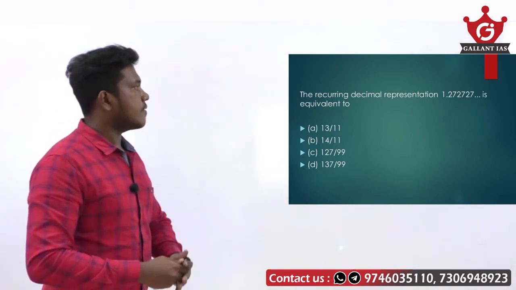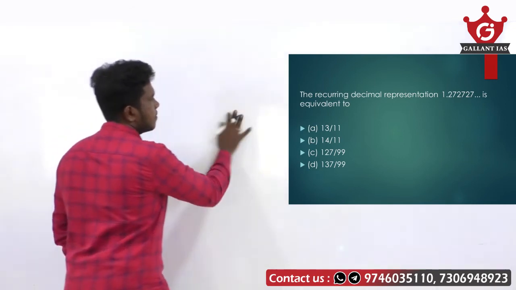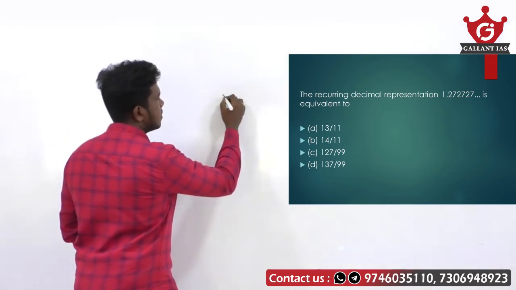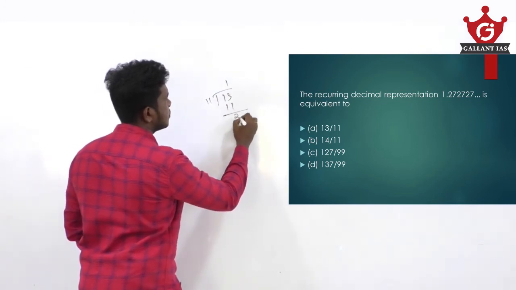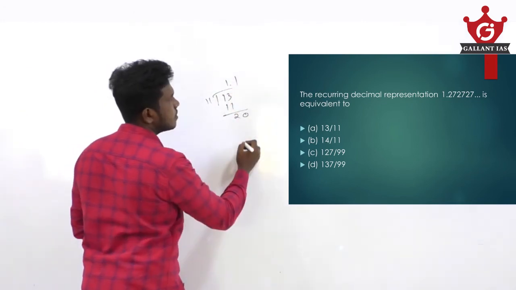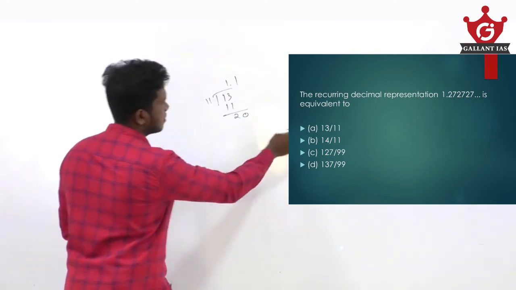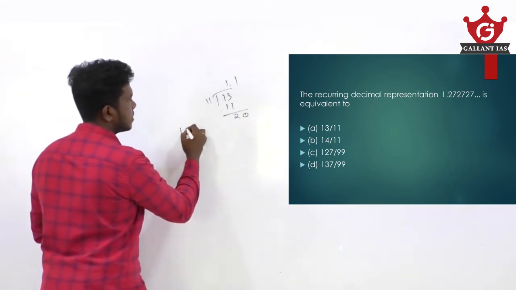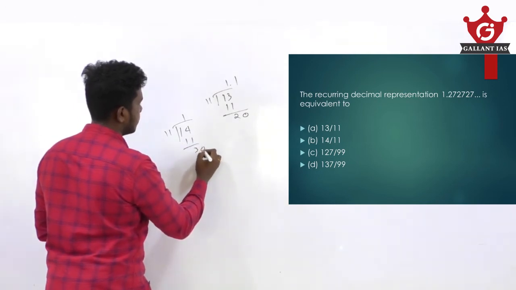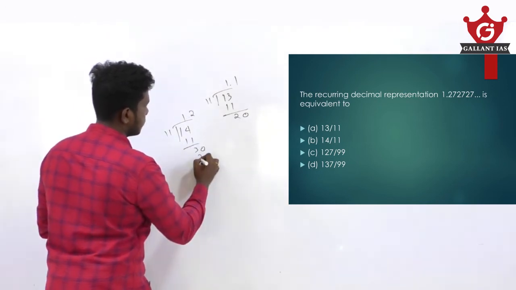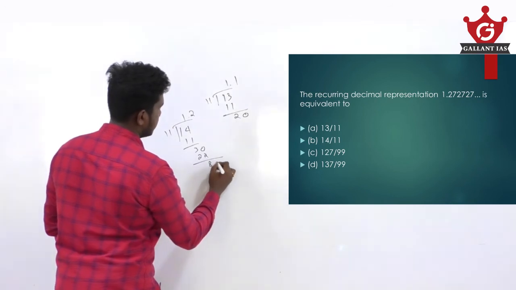Since the answer is not given, let's check which value is correct. 13 divided by 11: 1 times 11 is 11, remainder 2, right? No, the first option is wrong. Now consider the second, 14 by 11. It's 11, 3, 22, 8.